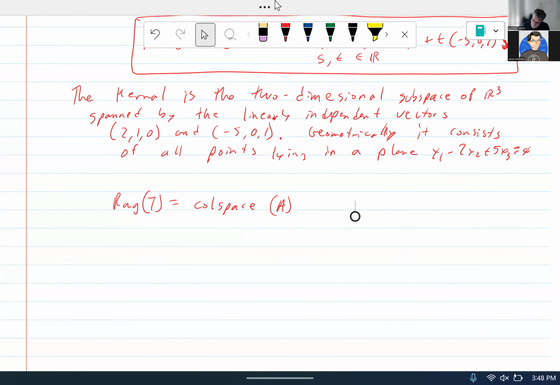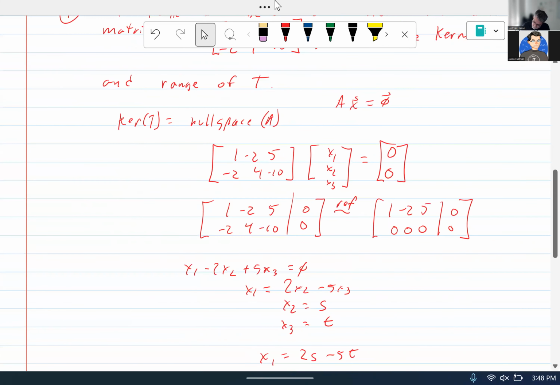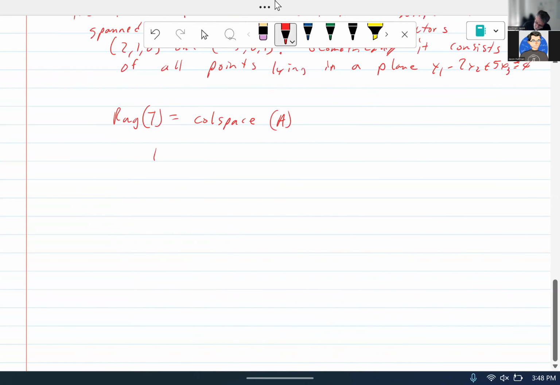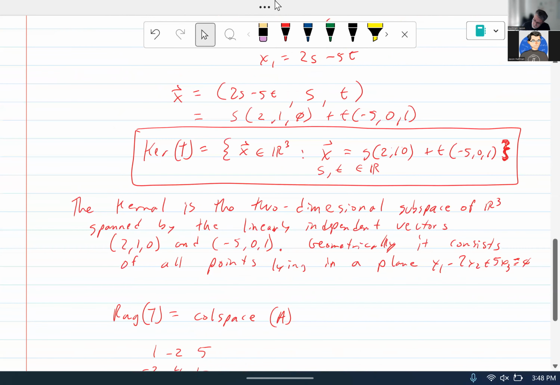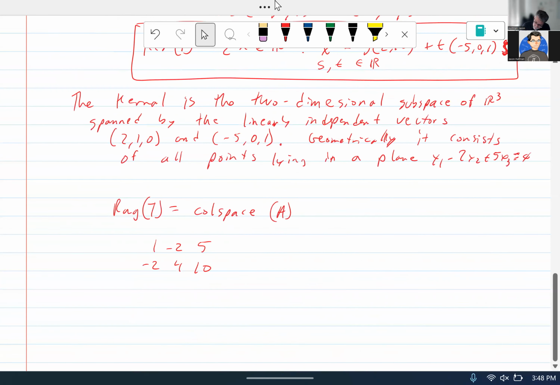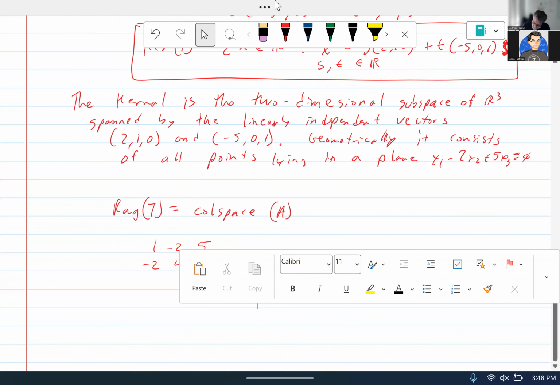If we look at A, it's 1, -2, 5, -2, 4, -10. Let's look at the column space here real quick.